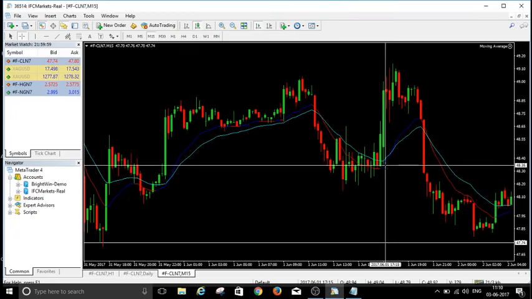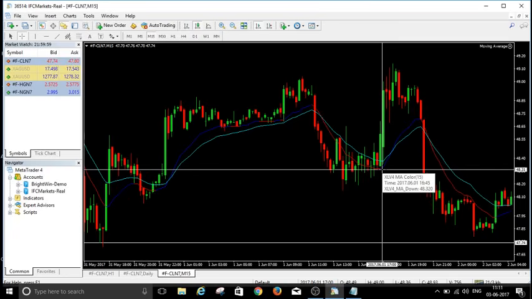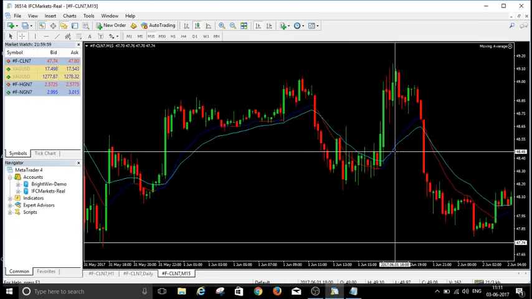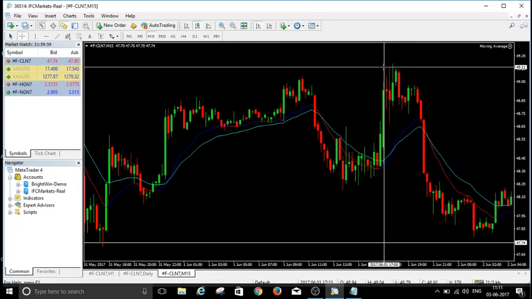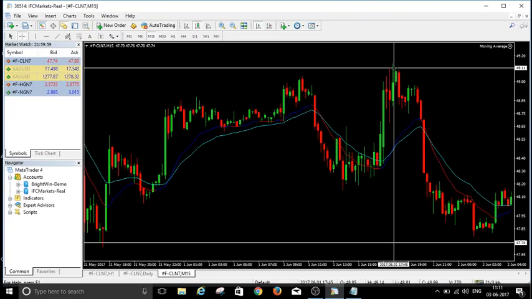So I need to book my profit because I think the crossover happened here, and here the crossover happened and the market went up. If I am not a greedy trader, I will book here and wait for my next entry.